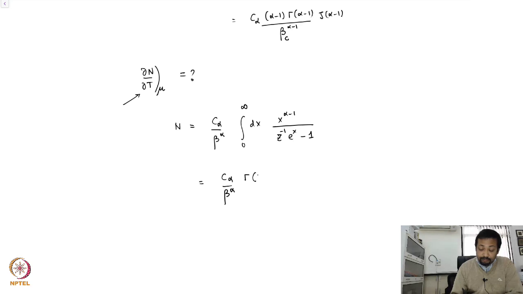I am going to bring in a factor of gamma alpha and this becomes f of alpha minus 1 plus of z.